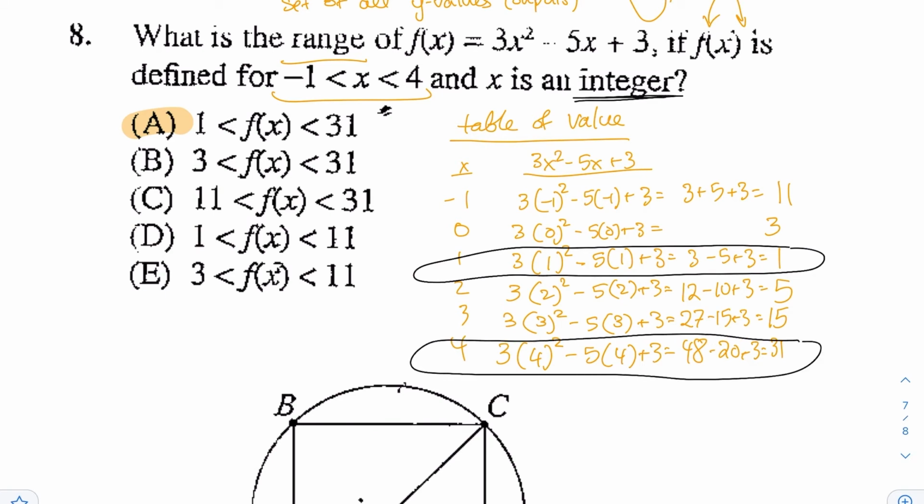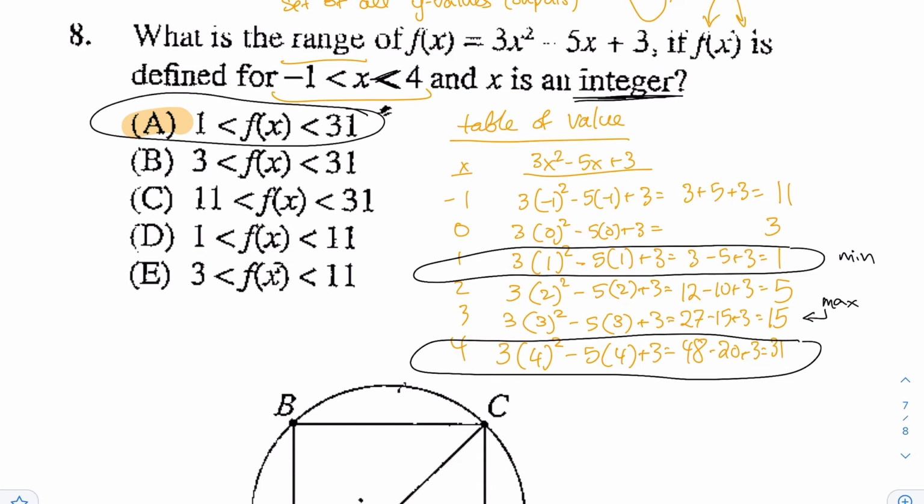Remember, x has to be an integer, but it actually can't be equal to 4 because x is less than 4. So technically the range should be up to 15. This would be the max, and the minimum would be 1. So really there's kind of a typo again.